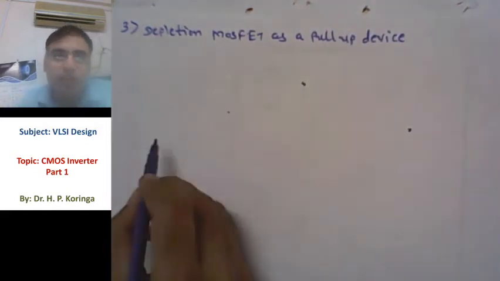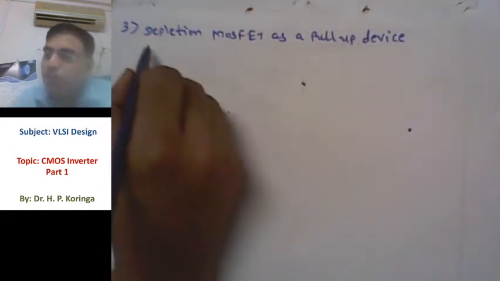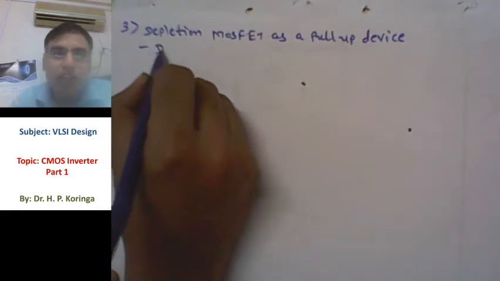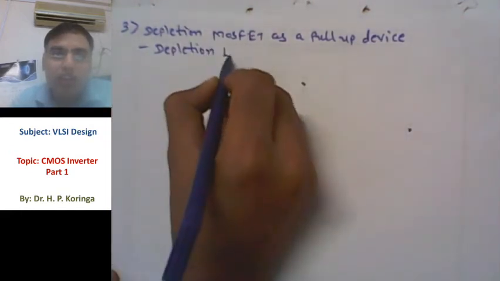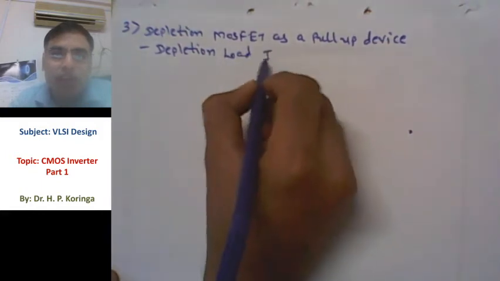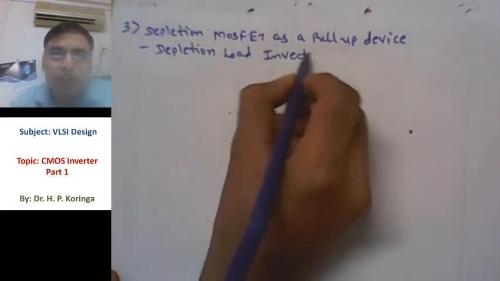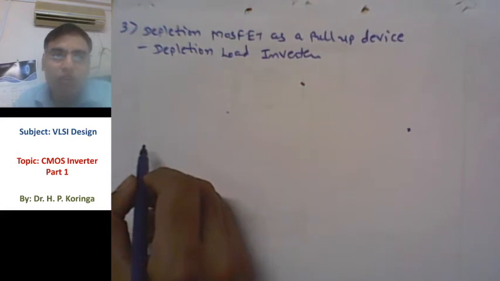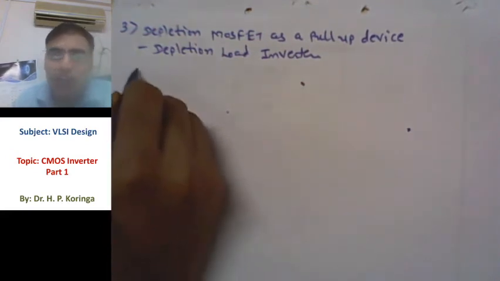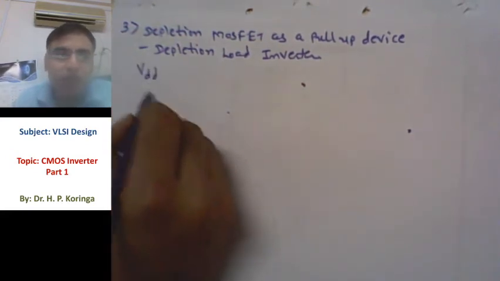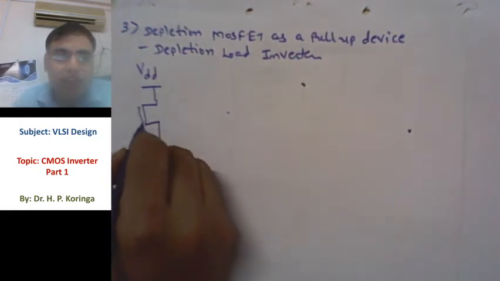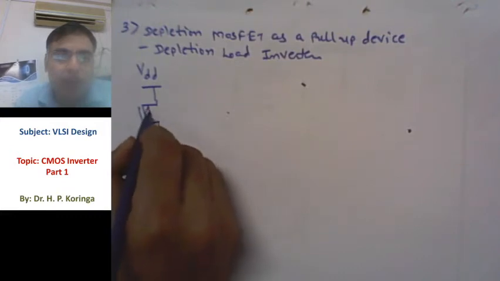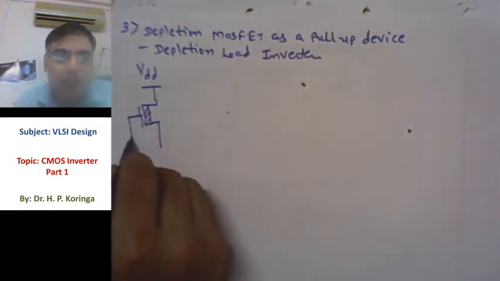This topology we call a depletion load inverter. Let me quickly do the analysis and find the points about the depletion load inverter.